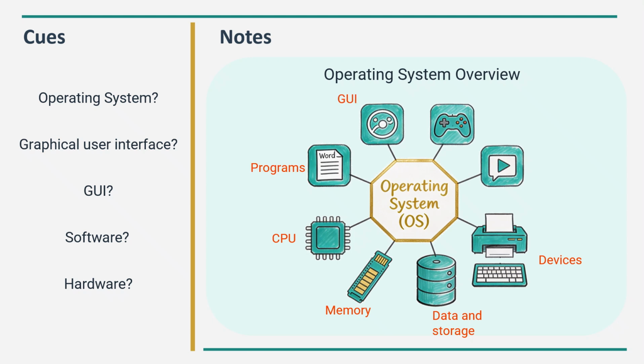It also provides a user interface, usually a graphical user interface or GUI, the icons and the menus, so that you can interact with a computer without typing complex commands. Examples of operating systems are Windows, Linux, and macOS on computers, and Android or iOS on smartphones.